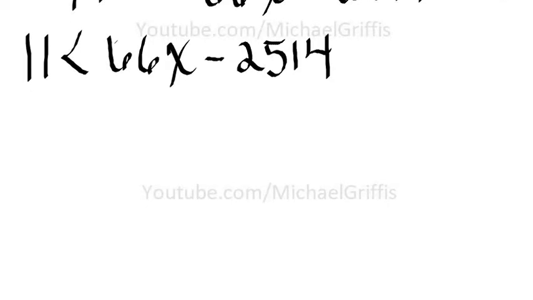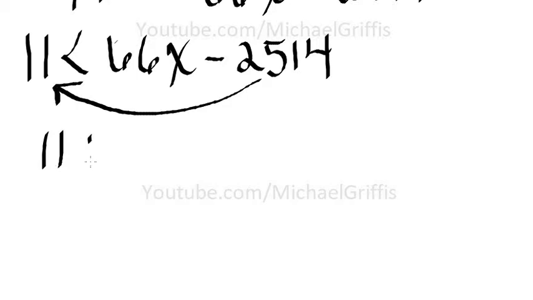Alright, so we want to solve for x, and that means that we're going to need to, what are we going to need to do? Let's take this over to this side. How about take the 2514 over to the left? In other words, we're adding 2514 to both sides.